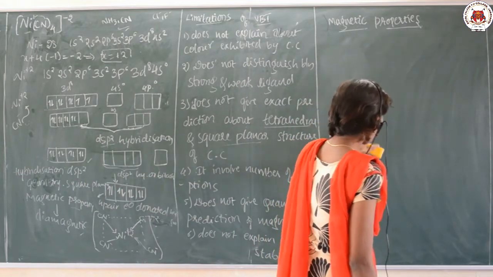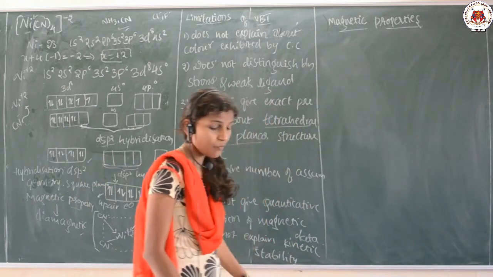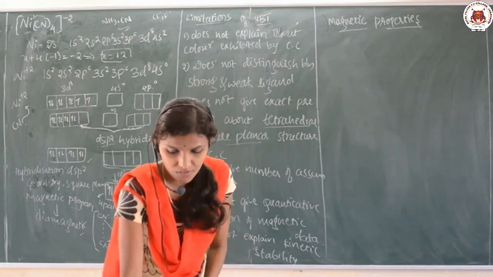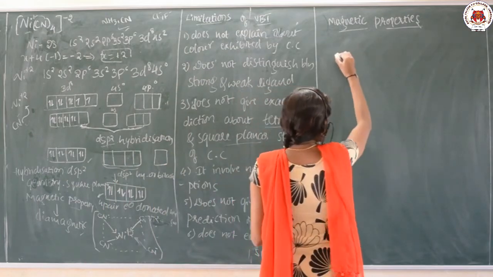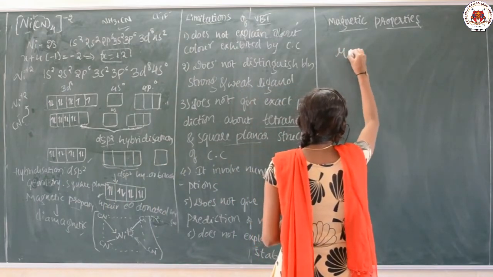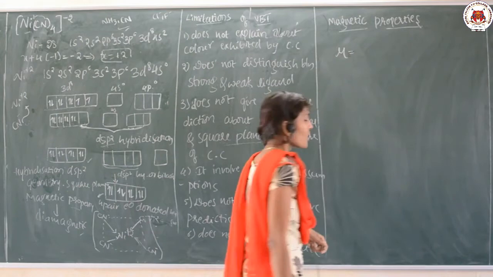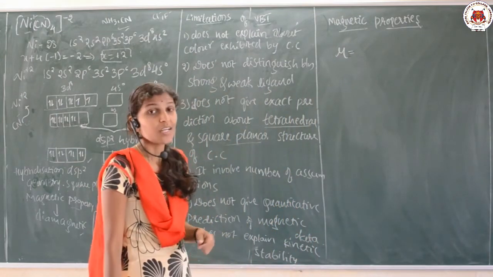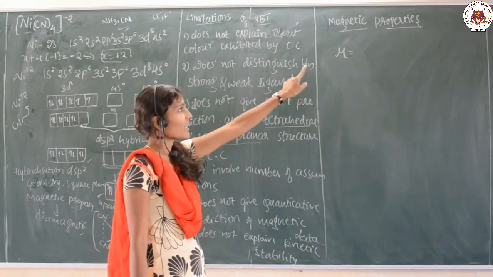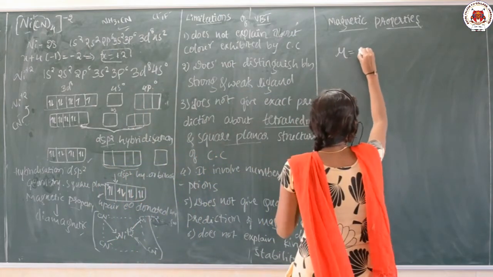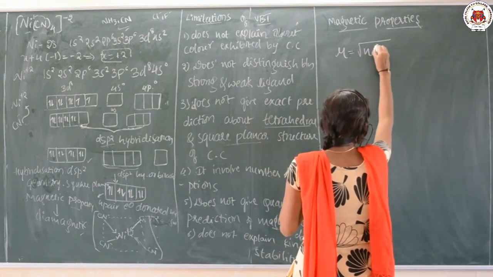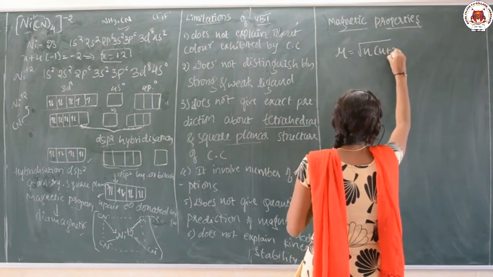So, as you know, the magnetic properties are exhibited by the coordination compounds, and they are described by the magnetic moment. The magnetic moment is represented by mu, and its formula is mu equal to square root of n into n plus 2.